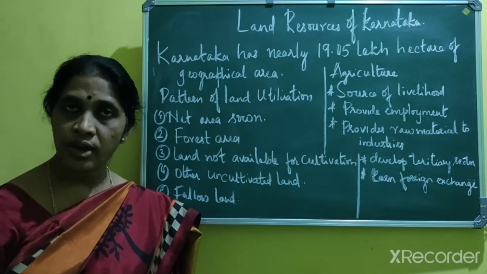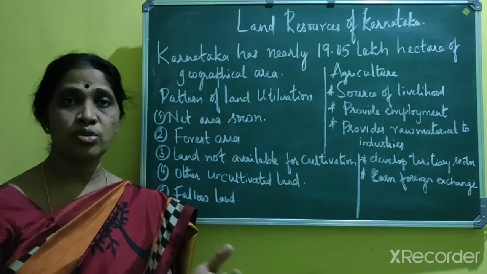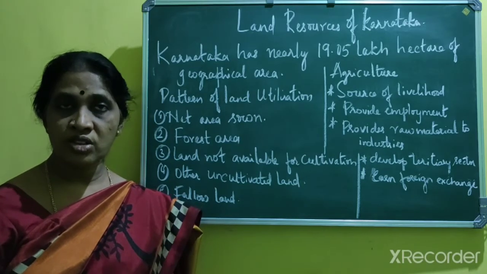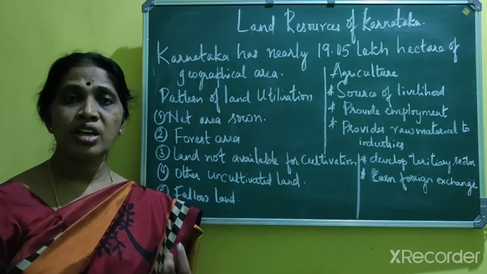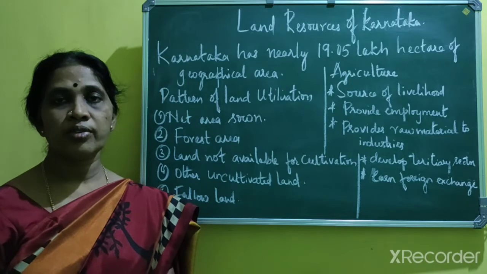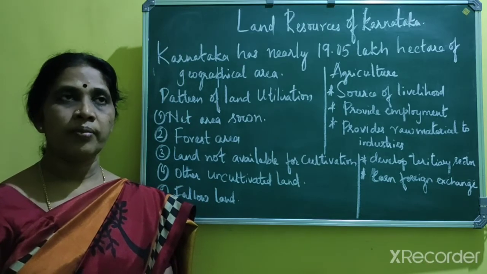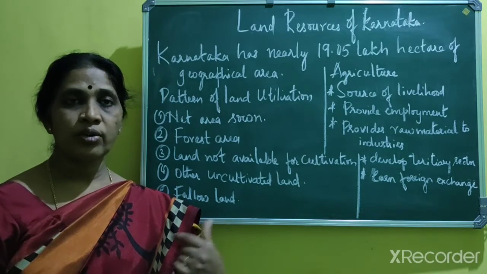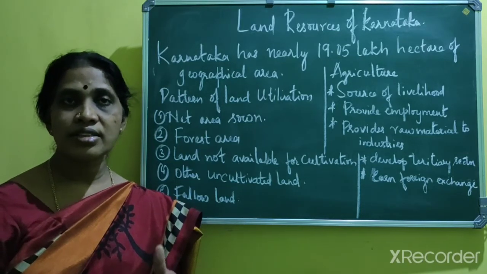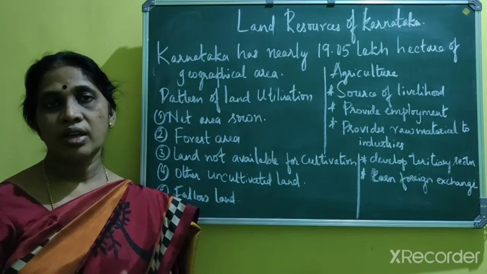It is not favorable for cultivation because many companies and industries have been set up, and many tertiary activities are going on, and thus it is not suitable for cultivation. Other districts like Uttara Kannada and Dakshina Kannada have less cultivable land.